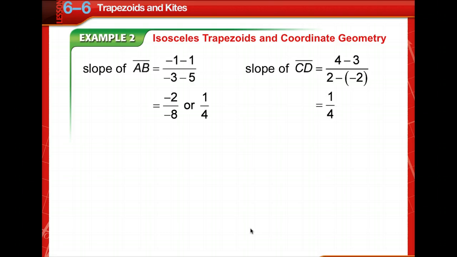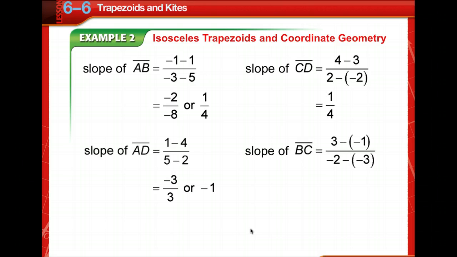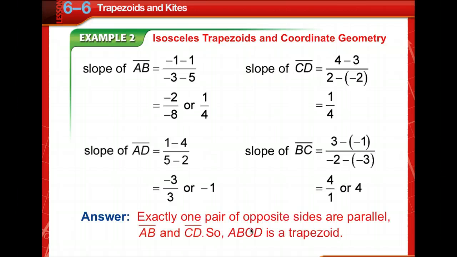Okay, the slope of one side is 1/4 and the slope of the other. We've got 1/4, 1/4, -1, and 4. So exactly one pair of opposite sides are parallel. So AB and CD are parallel. So ABCD is a trapezoid.